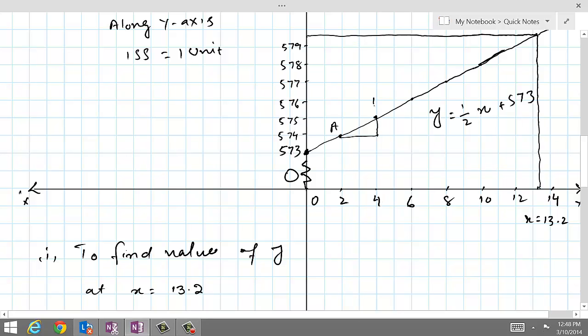And for this point B, the value of x is 4. So 4 minus 2, 2 is the run, and rise is from 574 to 575, that rise is 1. Slope is equal to rise over run. So if we find it through the graph, this will be again 1 over 2 as well.